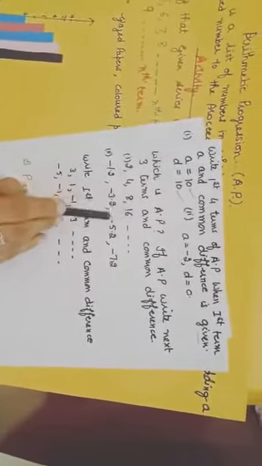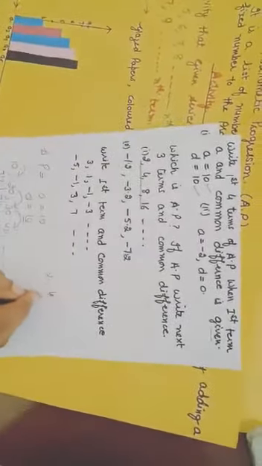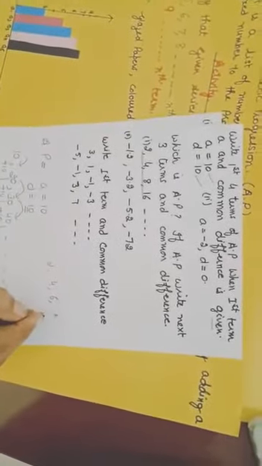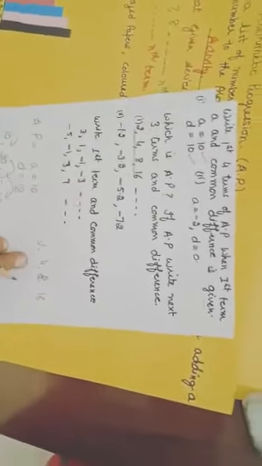Now next, we have to find which is an AP. If it is an AP, then write the next three terms and the common difference. You are given examples: first is 2, 4, 6, 8; then 2, 4, 8 and 16. To find whether it is an AP or not, we will find the common difference, and the common difference should be fixed throughout. If it is fixed, it means it is an AP.